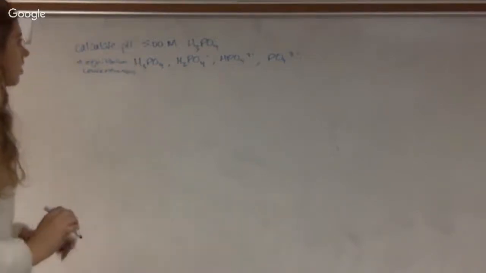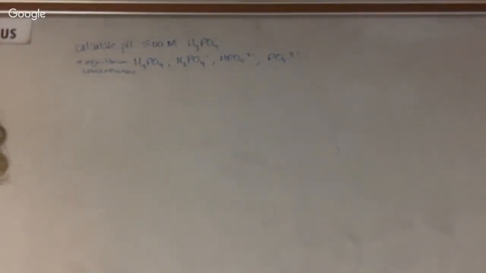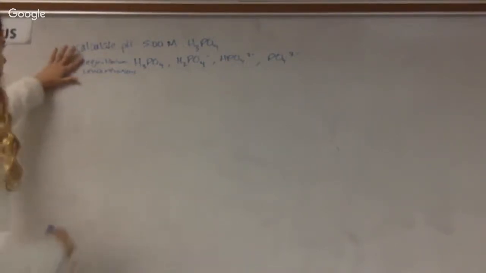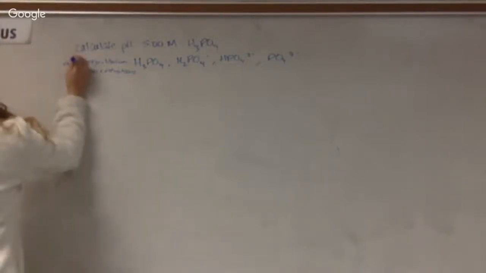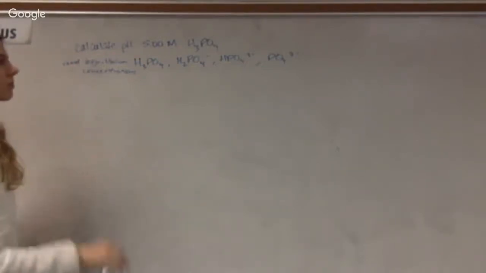Okay, so let's acknowledge here that the H3PO4 has 3 hydrogens that can be pulled off. Once we pull the first hydrogen off, we're going to end up with an amphoteric solution, H2PO4 minus, that can act as an acid or a base.